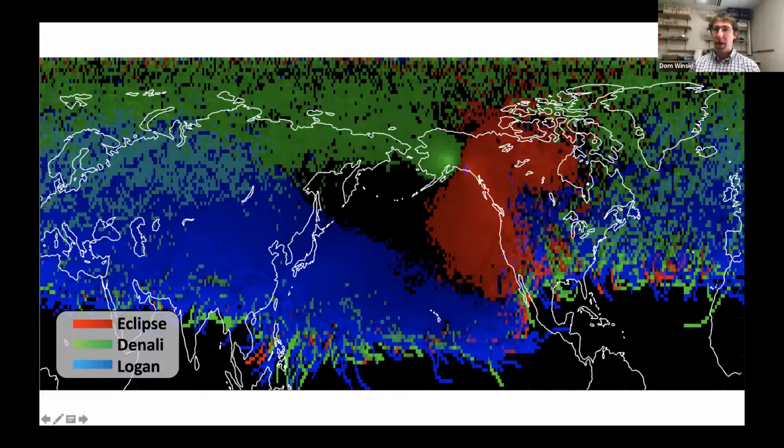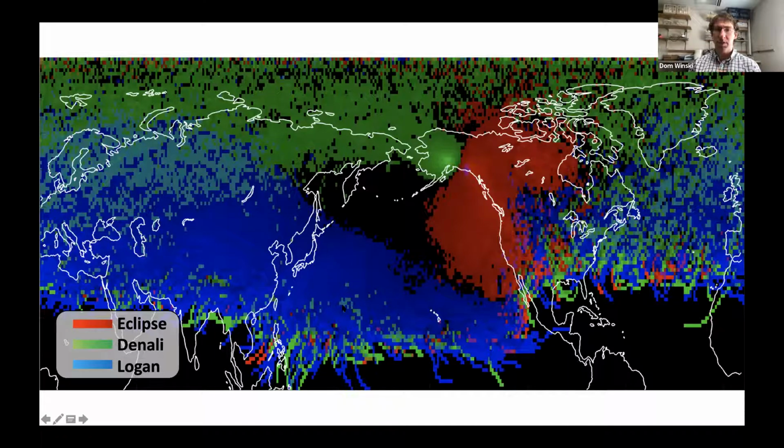All the areas in red are disproportionately represented in Eclipse, and all the areas in blue are disproportionately represented in Mount Logan. So essentially there's a more Arctic-like signal in Denali, a more North America-like signal in Eclipse, and a more tropical Asia-like signal in Mount Logan.